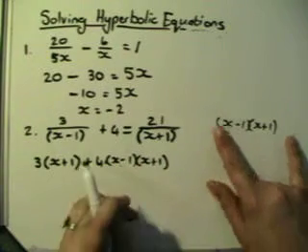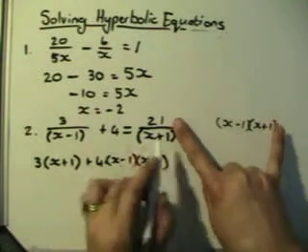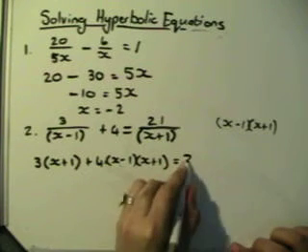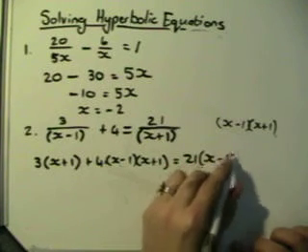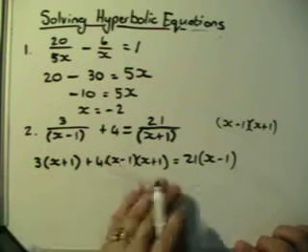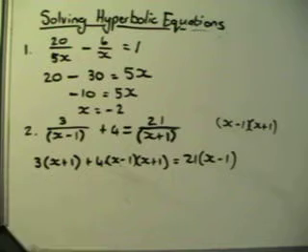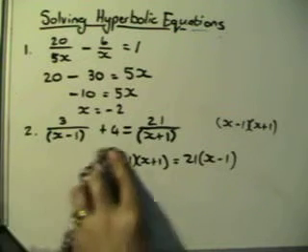And here, if I multiply this there at the top, can you see that the x plus 1s will cancel out, and I will have 21 times x minus 1.